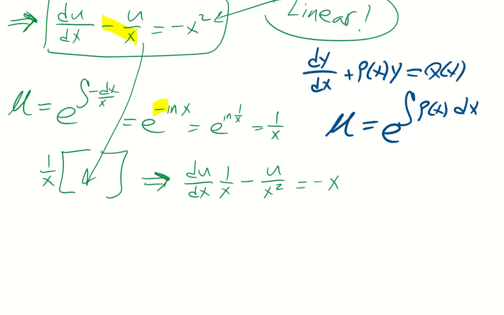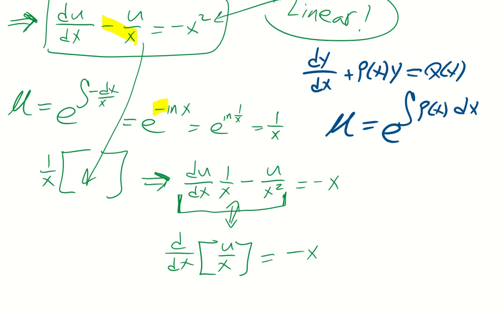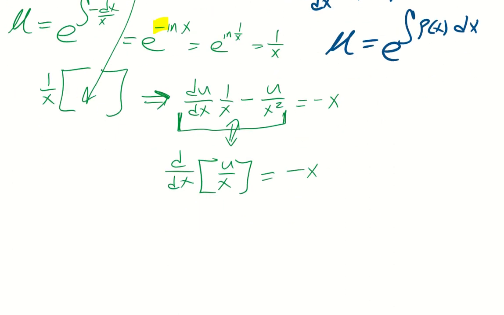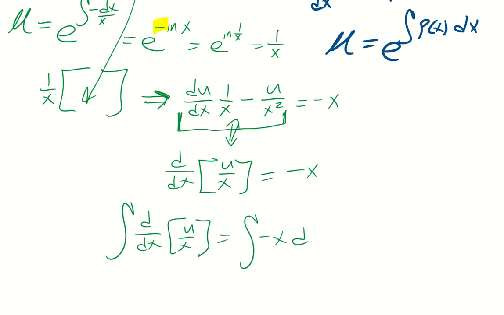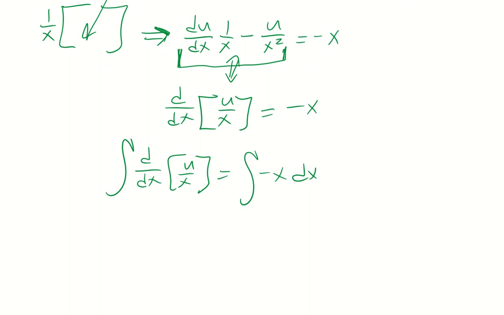And by that integrating factor, the magic of it, so to speak, this left-hand side is equivalent to the derivative of the product u over x, which is really cool, because then we could anti-differentiate really simply. So let's anti-differentiate. The left-hand side is just u over x. The right-hand side is minus 1/2 x squared plus an arbitrary constant.